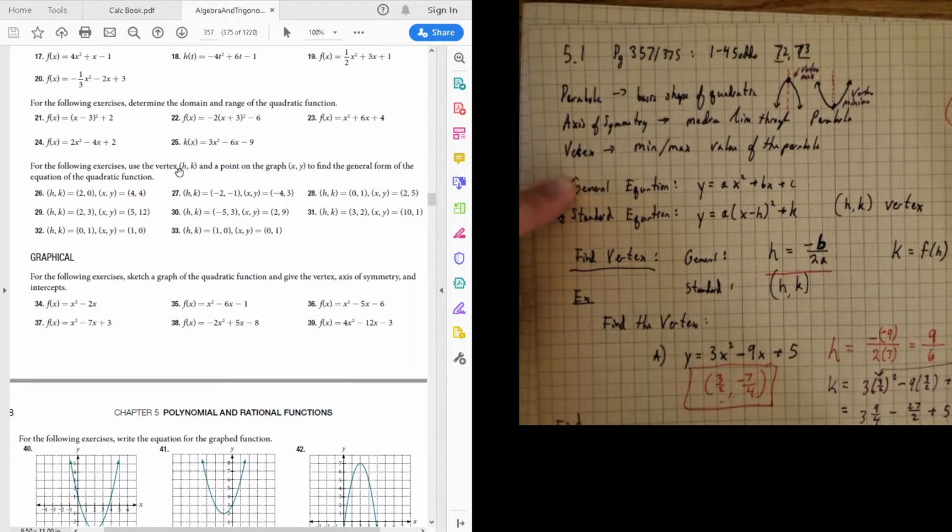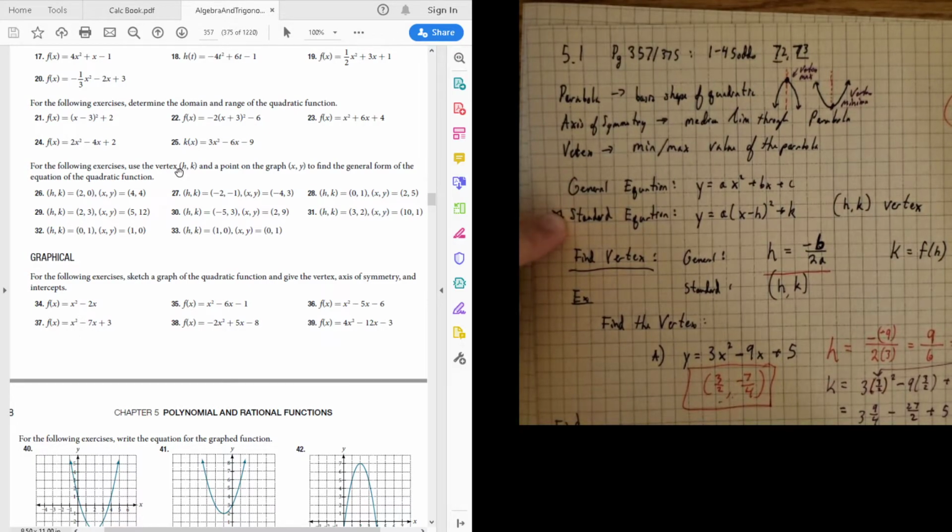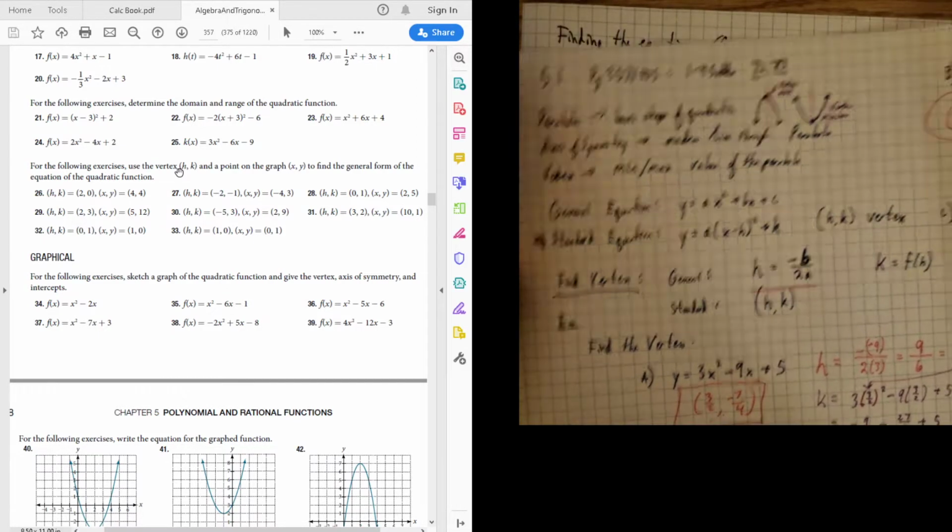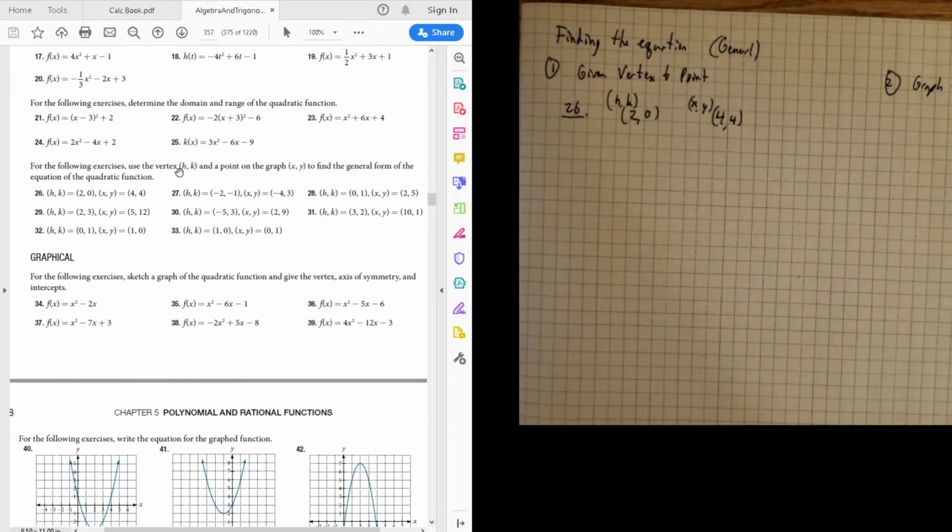In most cases, general form is just harder to do, and I am really not a fan. I'd rather do standard form, because if the problem says just find an equation, then when you got standard form, you're done. But in these problems, it says to find specifically the general equation, so we have to be able to do it in both forms. So if I want to do one, I'm going to do both.